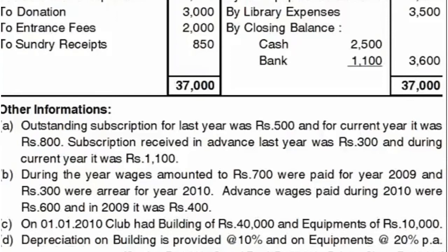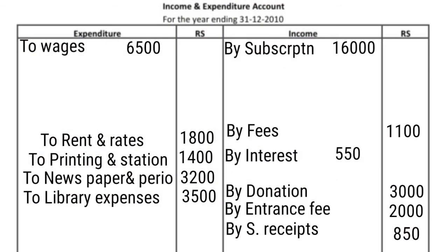Here two outstandings are given, one related to the current year and the other belonging to last year. First we need to enter the current year outstanding, then the last year outstanding. So outstanding for the current year is rupees 800 and outstanding for the last year is rupees 500.